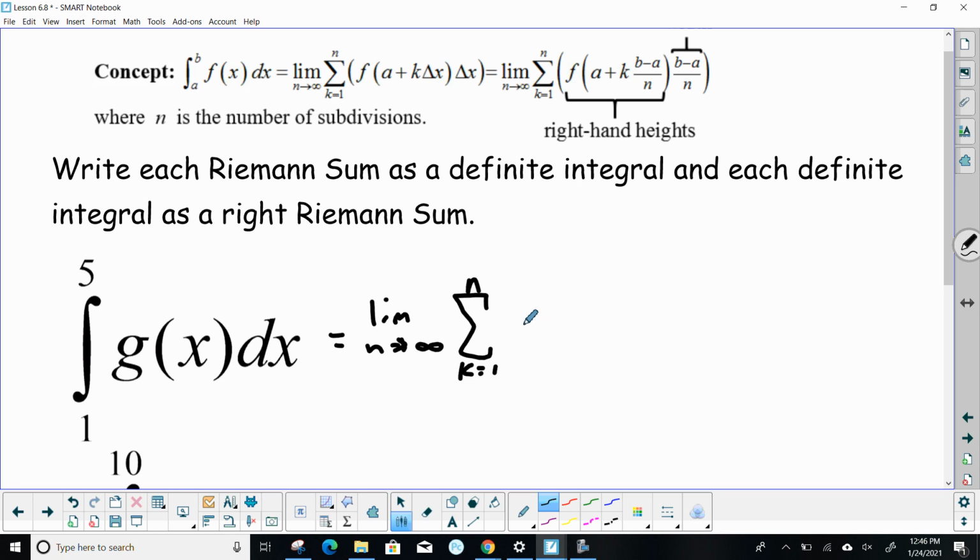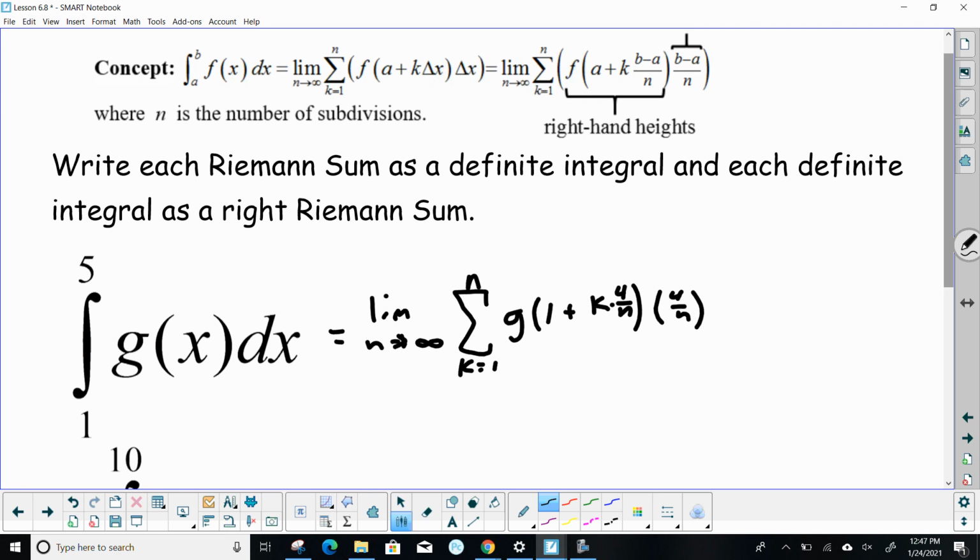We start with g of, and inside of g I have to plug in a, which is my lower limit, so 1 plus k times b minus a, that's 5 minus 1, 4 over n, times 4 over n. And that's it. We've written it in that form.